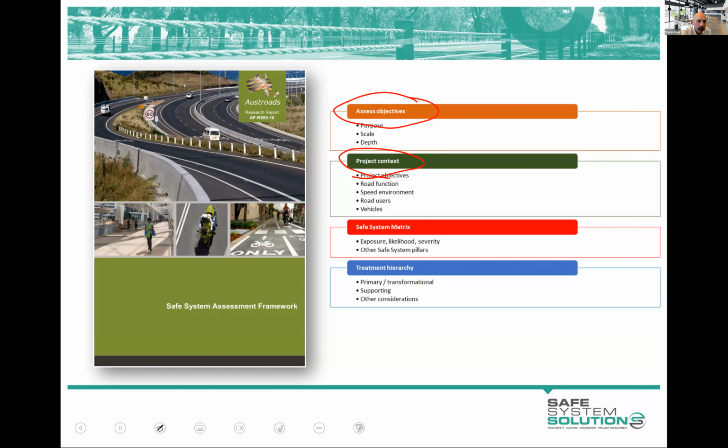And then the safe system assessment matrix: exposure, likelihood, severity, and possibly other pillars of the safe system. Treatment hierarchy then is like, what changes could be made? How can we adjust things, make this project better or make this bit of the road network better?